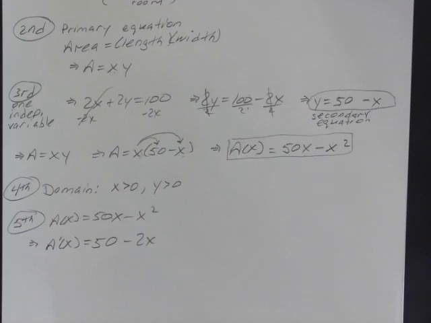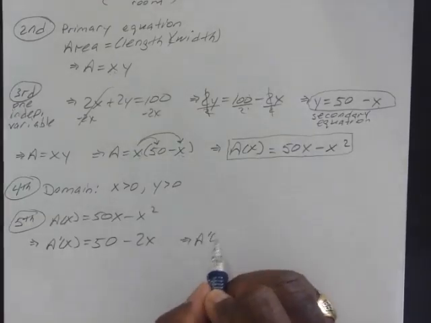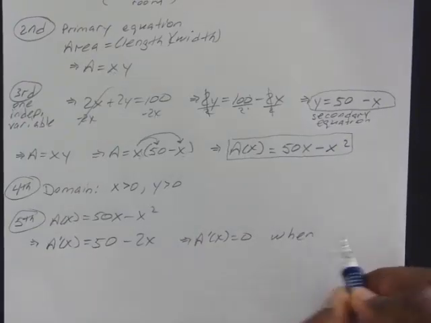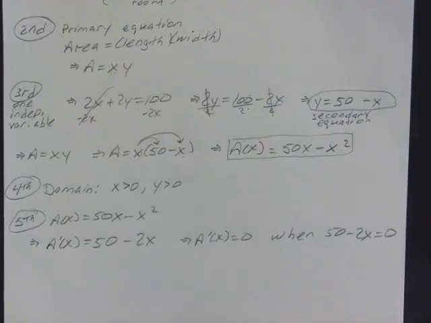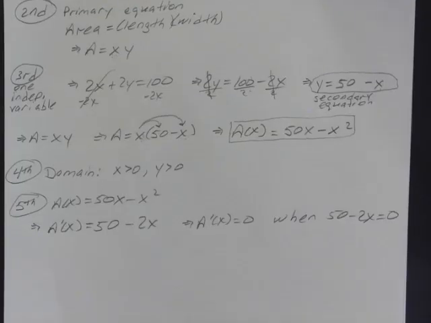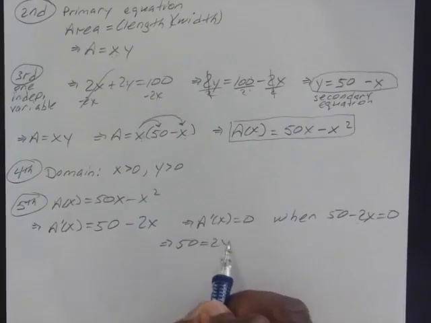So again, we know that our maximum or our minimum occurs at the point where your derivative is 0. So A prime of x equals 0 when 50 minus 2x is equal to 0. So if we add 2x to both sides, that gives us 50 is equal to 2x.